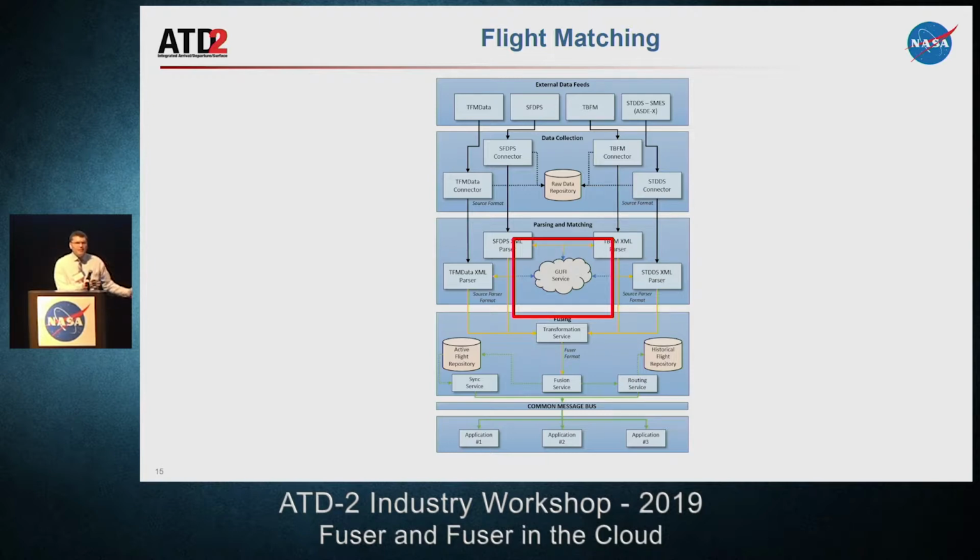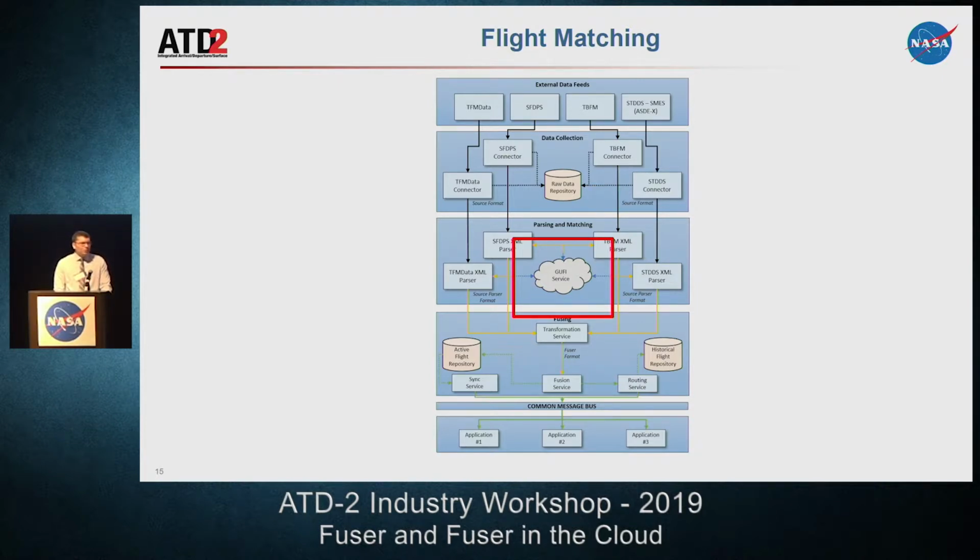Because I got that ASDX message 1 second ago. It has the same call sign, same MODES, everything's the same about it, and I've already called the Goofy service. I have a Goofy global unique flight identifier, so I'm going to use the same one. If I see something completely new that I don't know, then I'm going to call the global Goofy service, which I'll show the flow of in a little bit.